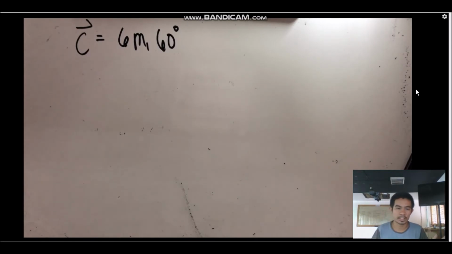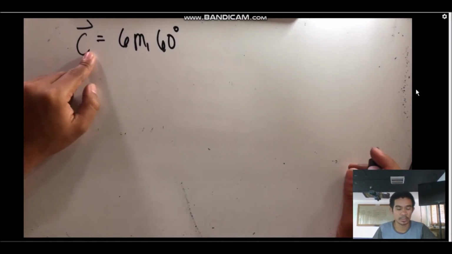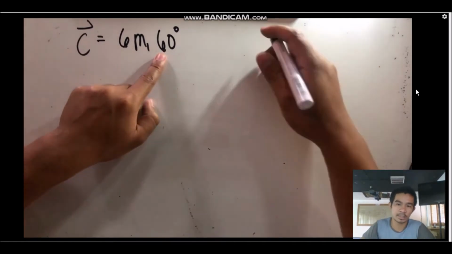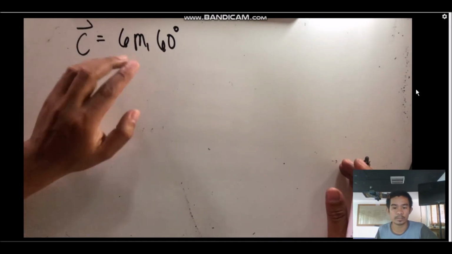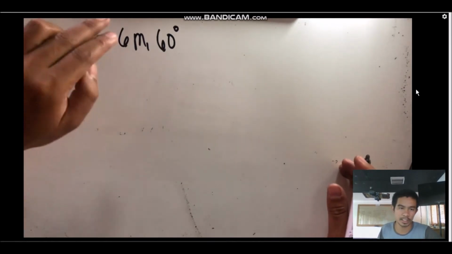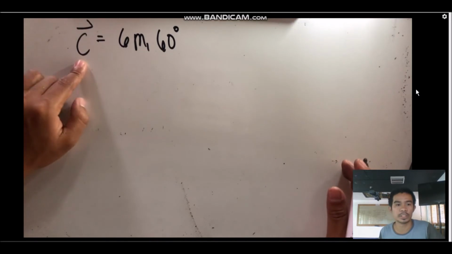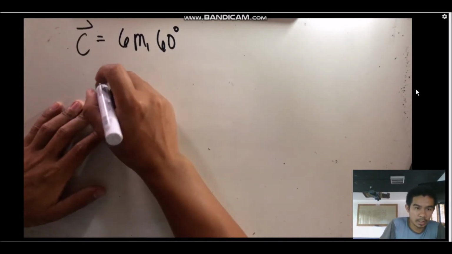So let us have the last example. This vector is expressed in terms of magnitude and direction from the positive x-axis, counterclockwise direction. So we will express this in terms of its components. Again, the first thing to do is to find the x component of this vector C, and also the y component. So let's start with the x component.